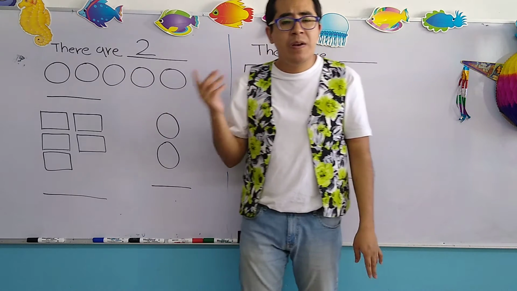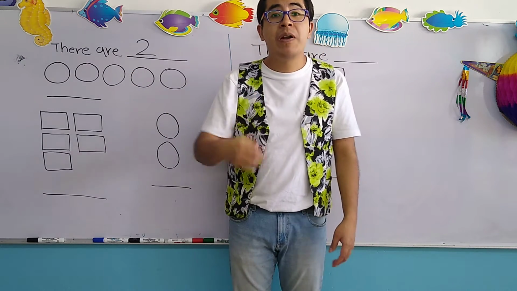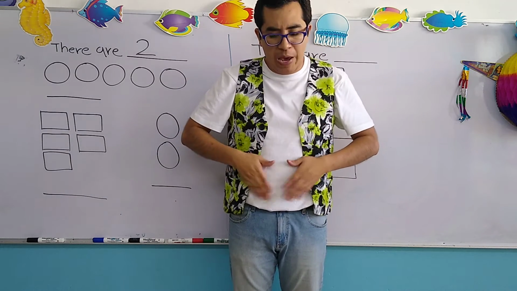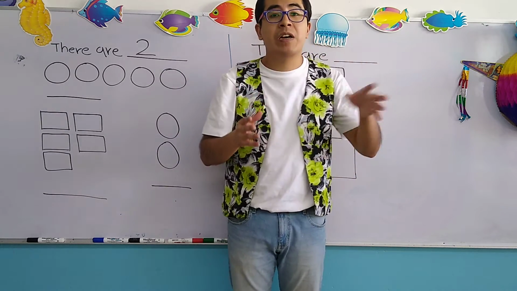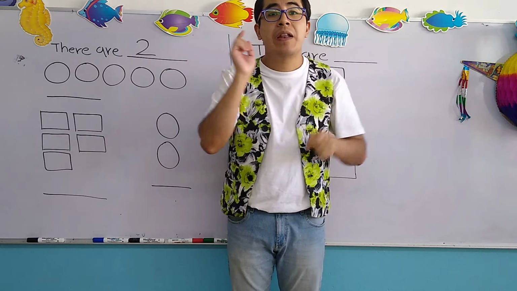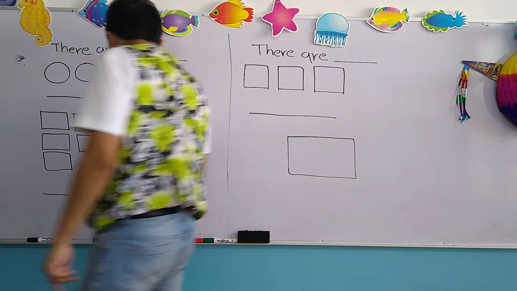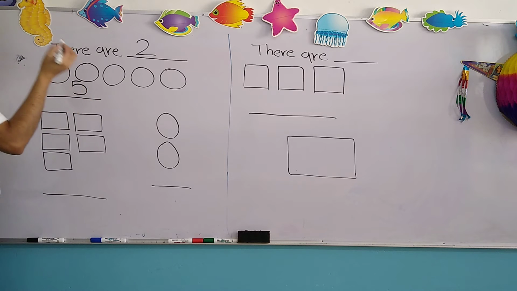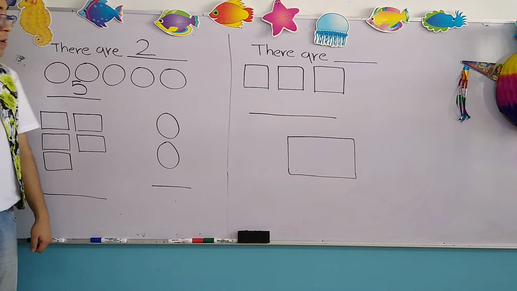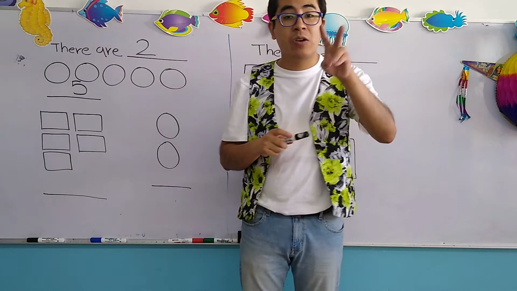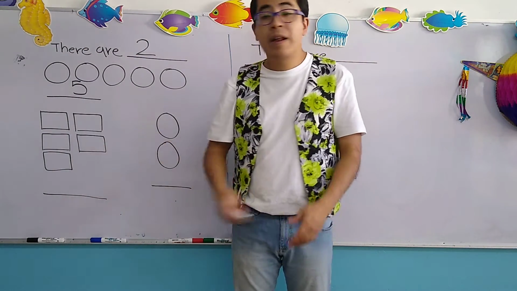Now remember, number 5 is a number that likes to eat a lot, so that's why it has a big belly. So once again, with the help of mother and father, okay, let's try to make number 5. Remember, number 5 has a big stomach, okay, a big belly. Very good, that's number 5. Let's continue with the second shape, which are the rectangles.